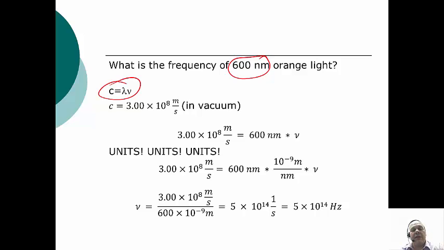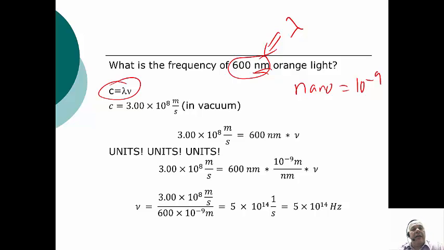Now I do have to be a little careful about units here. This is nanometers. If you don't recall, a nano is 10 to the minus 9th. Right, so 600 nanometers is 600 times 10 to the minus 9th meters. But as long as I'm careful to make sure my units are correct, I can use my wavelength measured in meters to give me a frequency measured in reciprocal seconds.